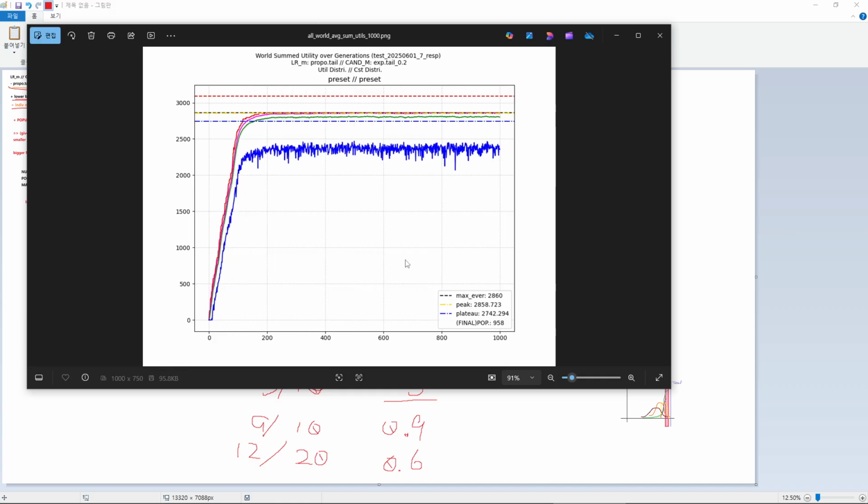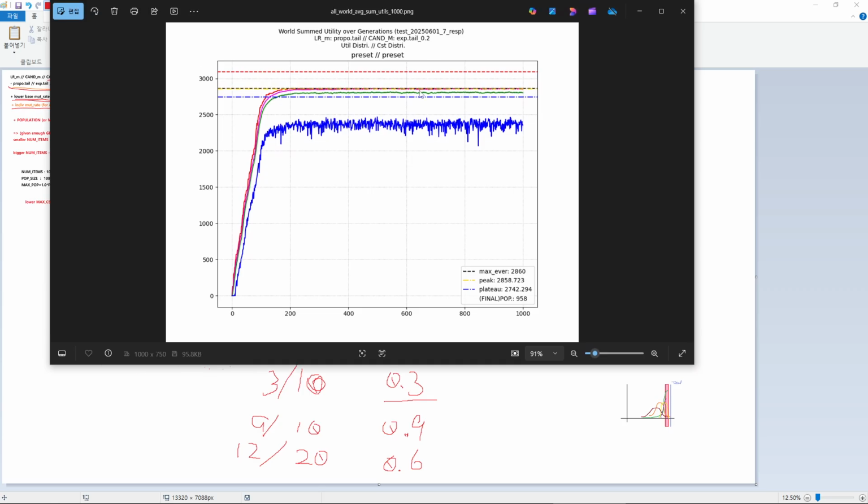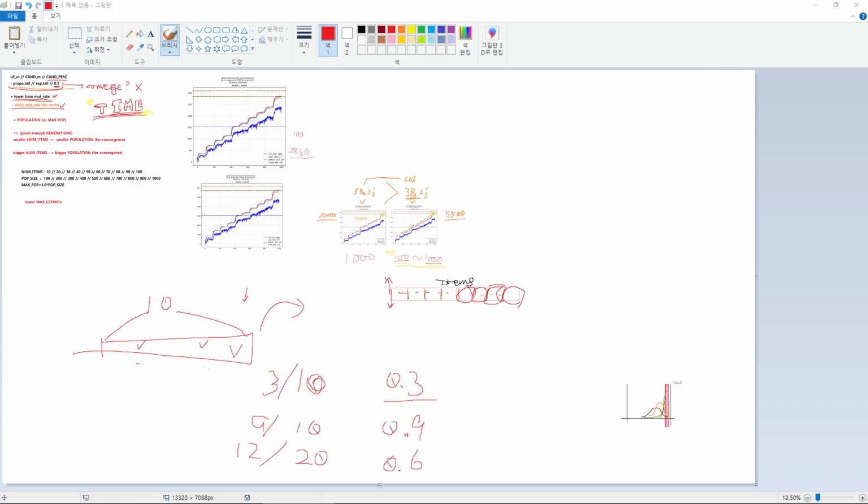And that's because having 3 out of 10 as the threshold for qualifying as being converged is actually too low. That bar is too low. And the maximum ever was 2860, so it didn't get the true ceiling there. The next one I tried was probably raising this value to 0.5. I think that was it.